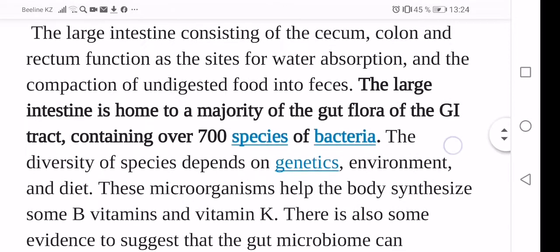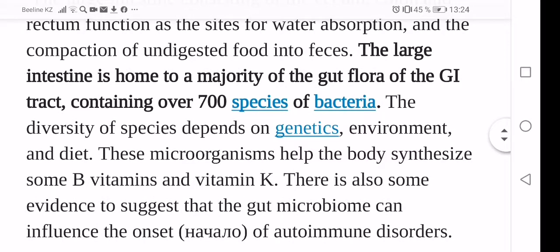The large intestine is home to the majority of the gut flora of the GI tract, containing over 700 species of bacteria. The diversity of species depends on genetics, environment, and diet.